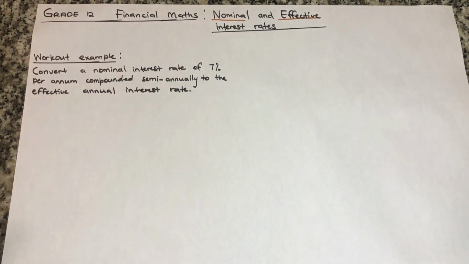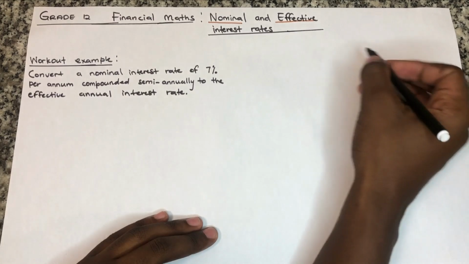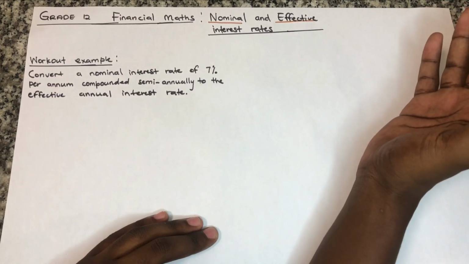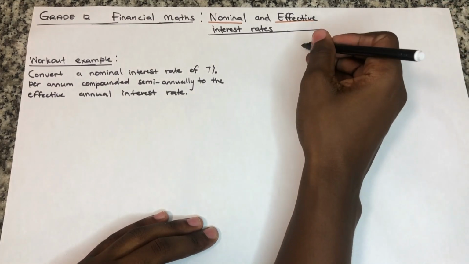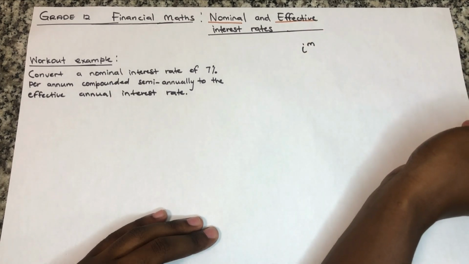Okay. So the very first thing that I have to let you know here is that when we talk about nominal interest rates, this is how we show it. Okay, this is nominal interest rate.